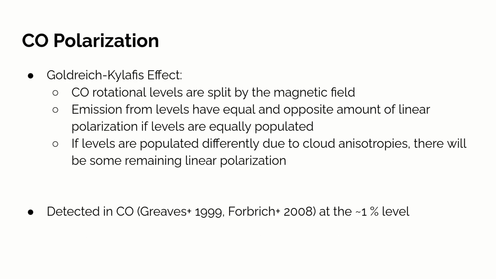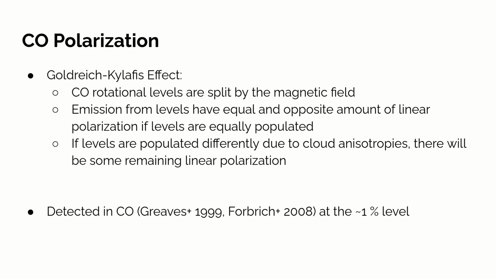and so on. Is CO emission polarized at all? According to the Goldreich-Kylafis effect, the CO rotational levels are split by the magnetic field, and emission from these levels have equal and opposite amounts of linear polarization if the levels are equally populated.